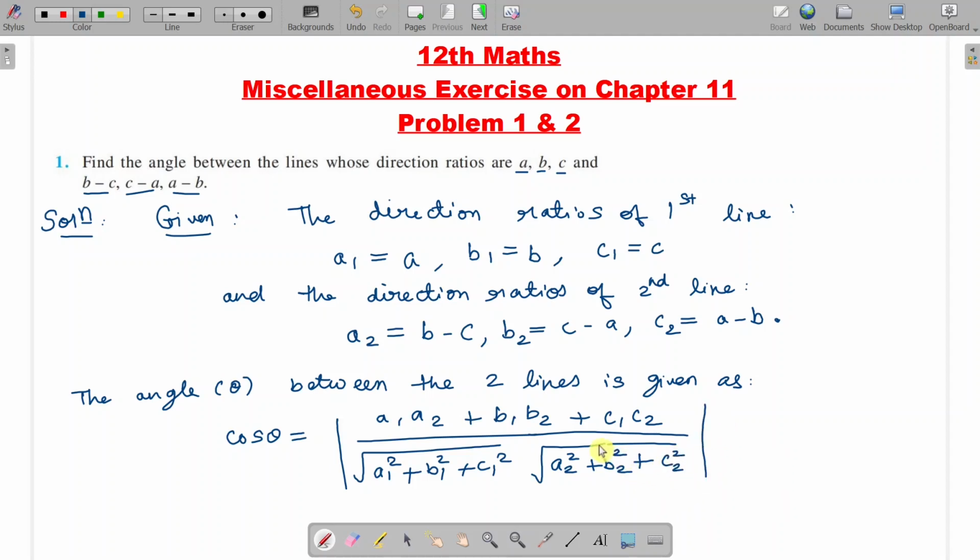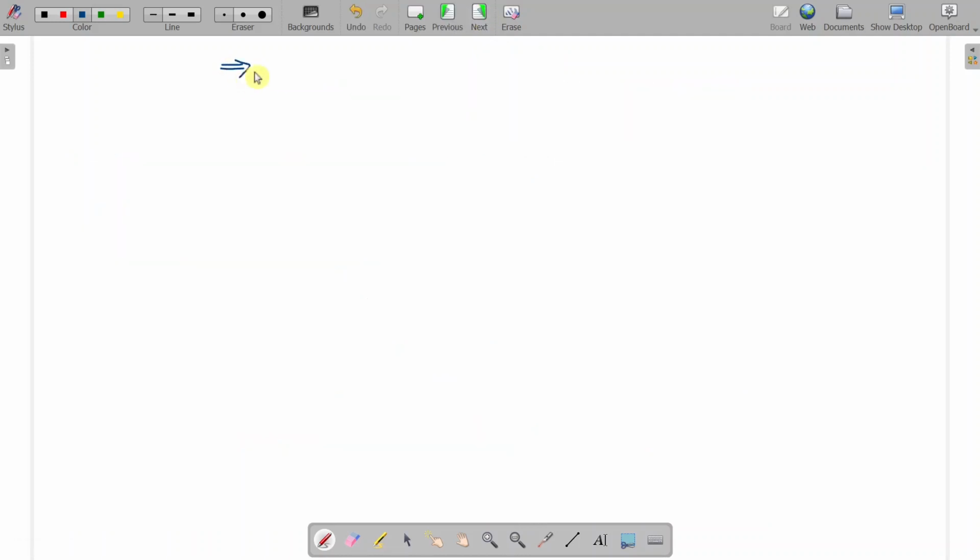This is the formula to find the angle. Okay, so let us now substitute the values.